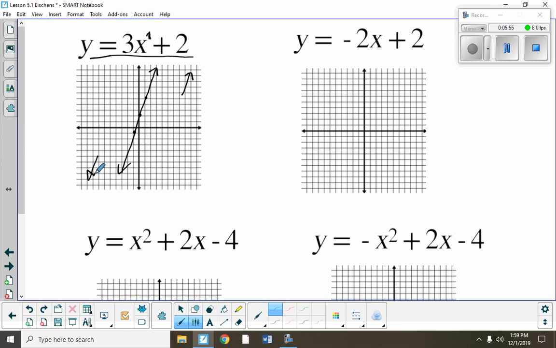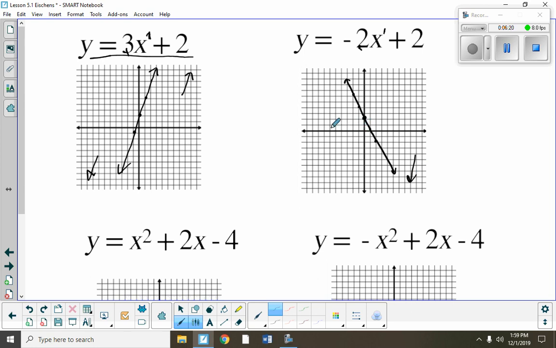Let's look at this next one. Now here we had a positive 3 in front. Here we have a negative 2 in front. And again, it's a linear. Exponent is 1. Y-intercept is 2. So the slope is down 2 over 1. So this has a negative slope. And so as our x's are increasing, our y's are decreasing. So this end is going down.